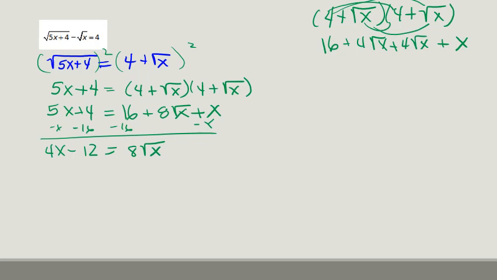Now I could divide everything by 8, but that's going to give me fractions, and I'm not going to deal with fractions. You know, it's one of the F words of math, fractions and factoring. So what I'm going to do is I'm going to square both sides. And I'm going to get 4x minus 12. And then when I square this, I'm going to get 64x.